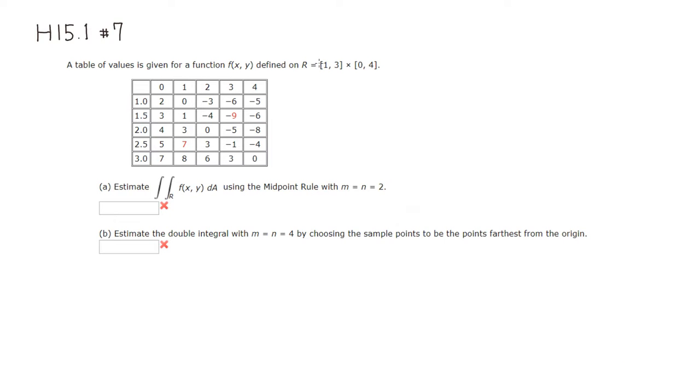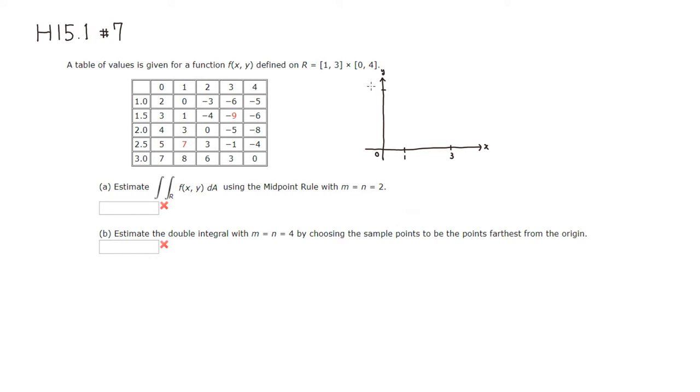Here's the region. I'm going to just draw the x-axis here and the y-axis here. Then x goes from 1 to 3, so here's 1 and here's 3, and y goes from 0 to 4.